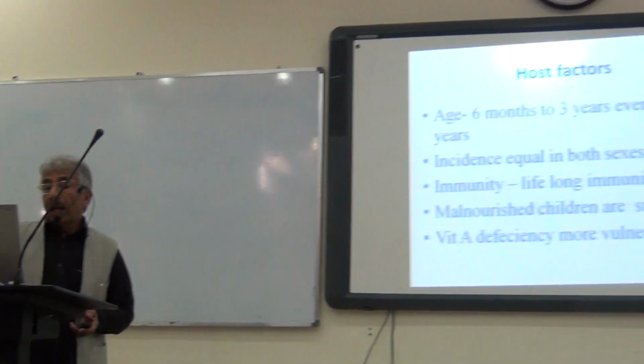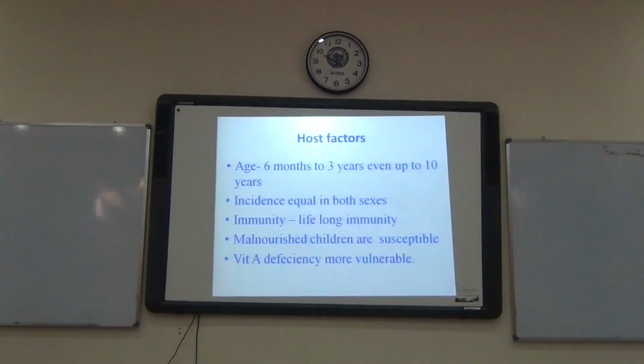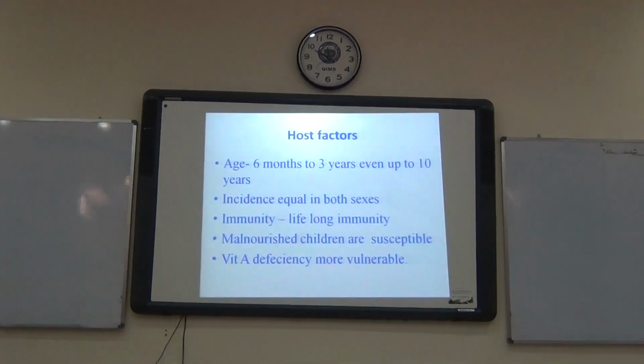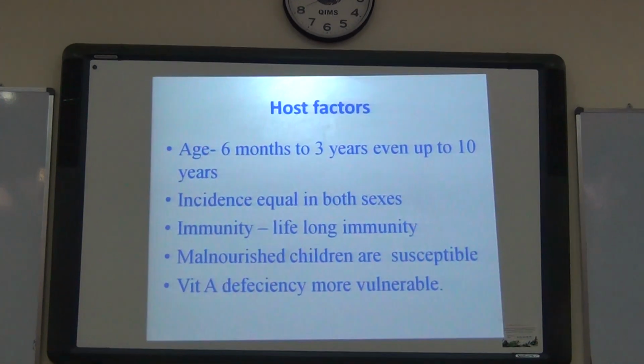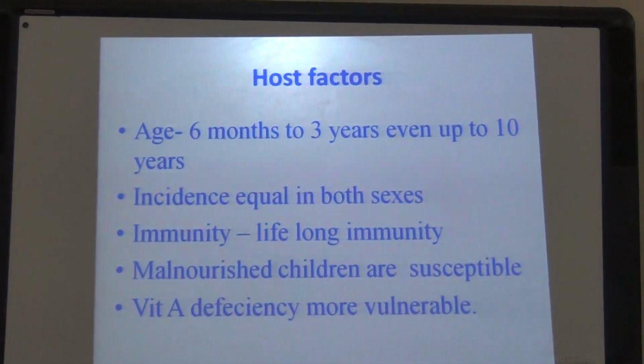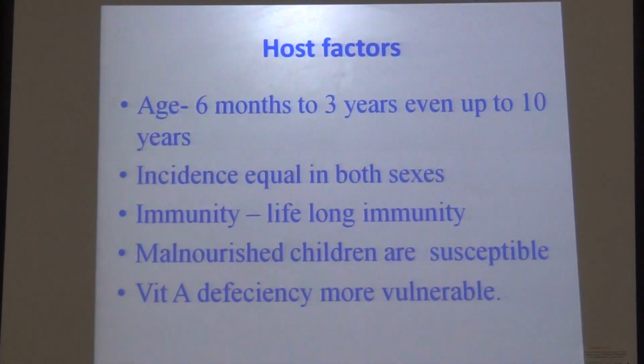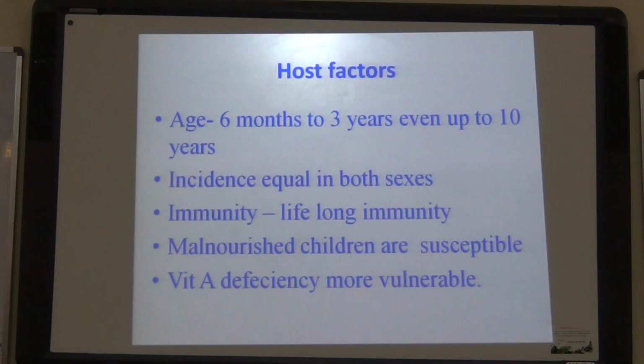Malnourished children are more susceptible or vulnerable, especially those who are vitamin A deficient. Vitamin A deficiency is one of the most important causes of vulnerability.